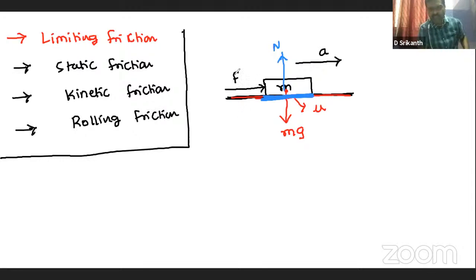Whenever a force is acted on the object, F is the applied force, and the object is moving relative to the surface. According to Newton's third law, for every action there is an equal and opposite reaction, so the surface will also act a force on the object.